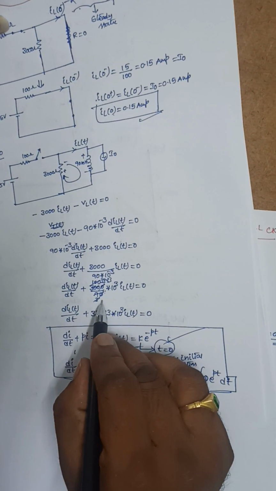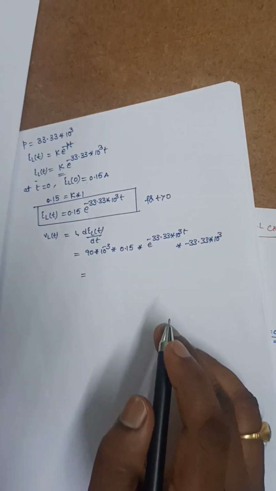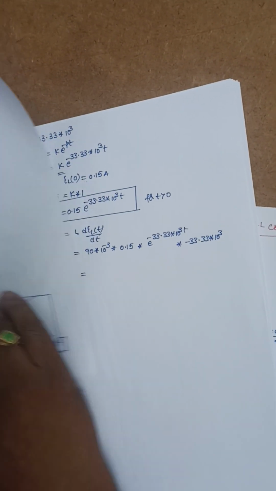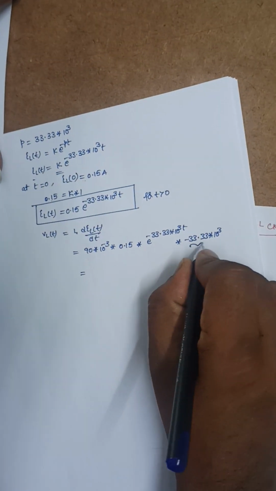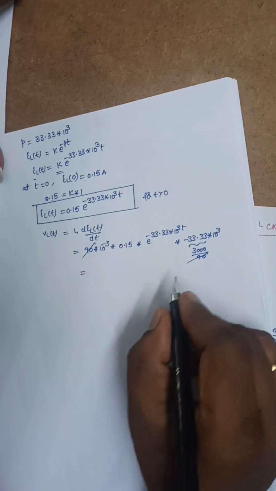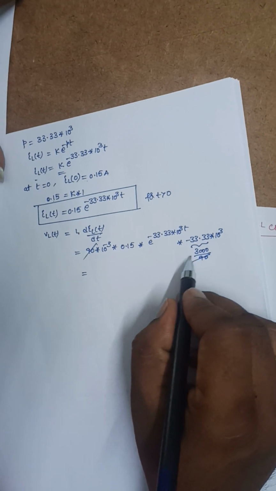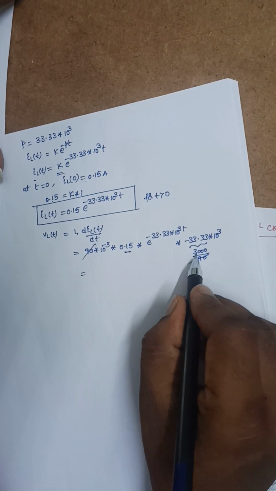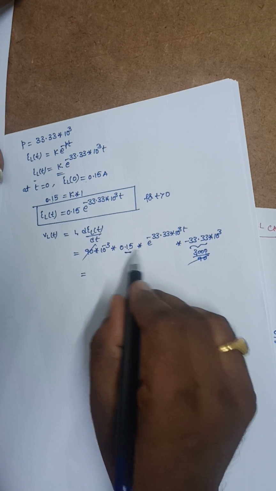This 90 and this 90 will get cancelled here. So it is 0.15 into 3000.